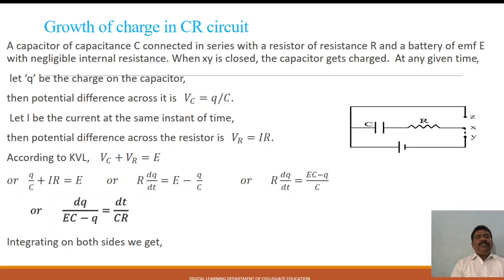In a similar way, I am going to explain the CR circuit, that is capacitance and resistance, in which both characteristics take place. One is called growth of charge in a CR circuit, or simply the charging of a capacitor in a CR circuit. Similarly, we can explain the decay of charge in a CR circuit, or the discharging of a capacitor.